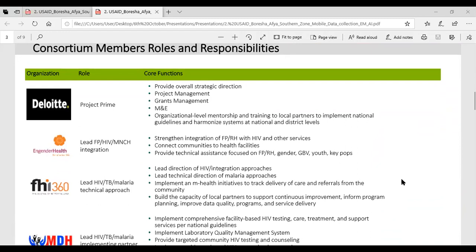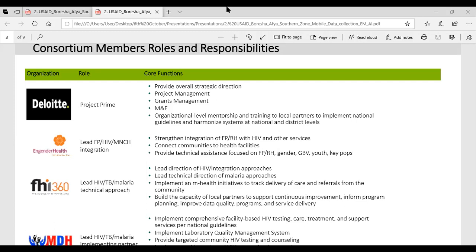So as I stated earlier, this is a consortium project. We work with Deloitte as a prime. Deloitte also provides overall strategic direction and project management. We also have another partner, Jhpiego, which is a lead in family planning, HIV, and maternal, newborn and child health integration.